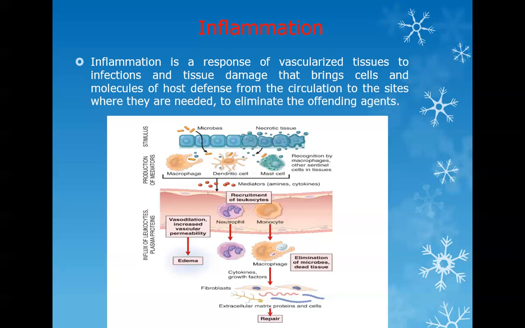It clears the whole thing, wipes off everything, and within 1, 2, 3, maximum 4 days, the whole inflammation goes off when it is acute. For chronic inflammation, it takes days, weeks, to months. So one thing is clear now: there are two types of inflammation. One is acute, and the other one is chronic.